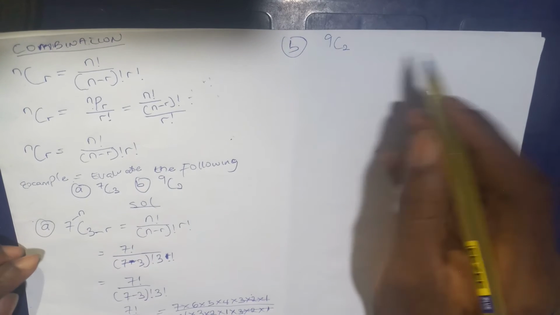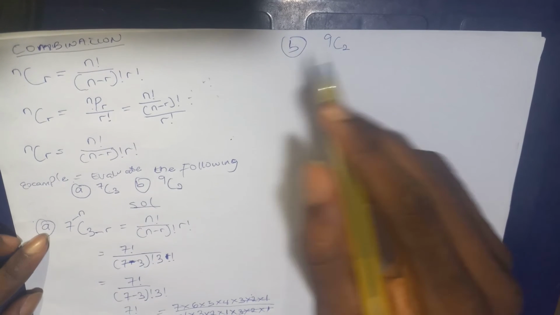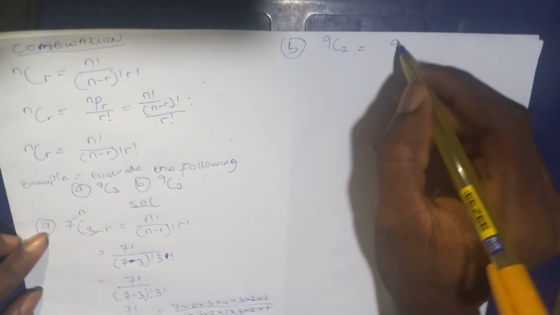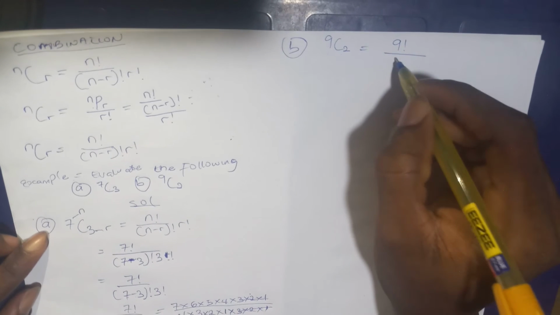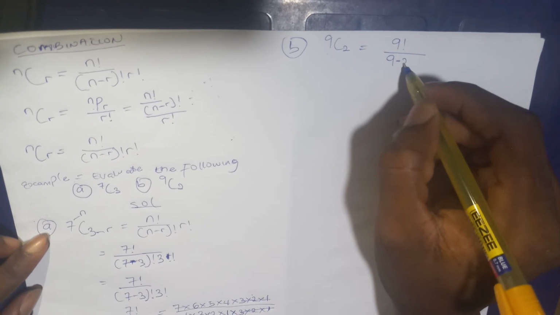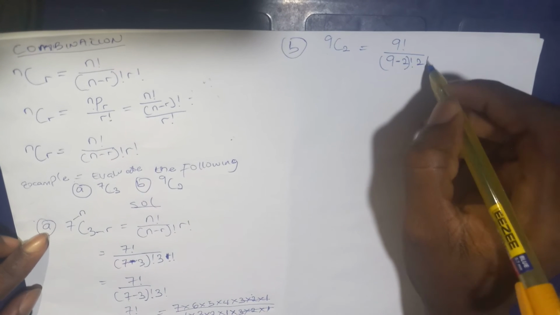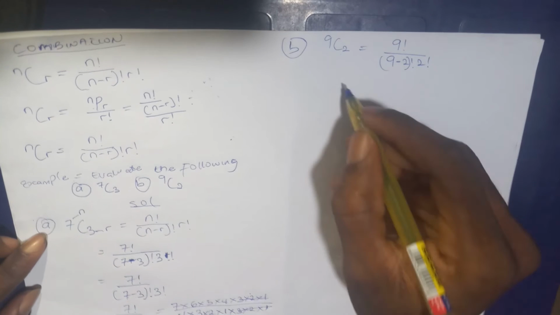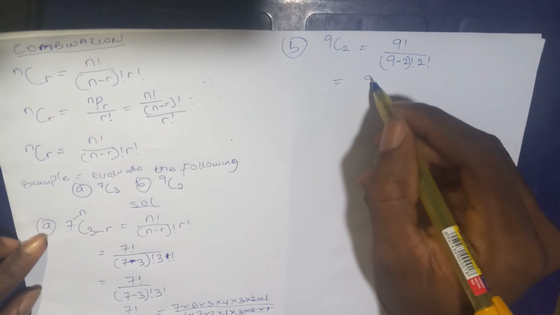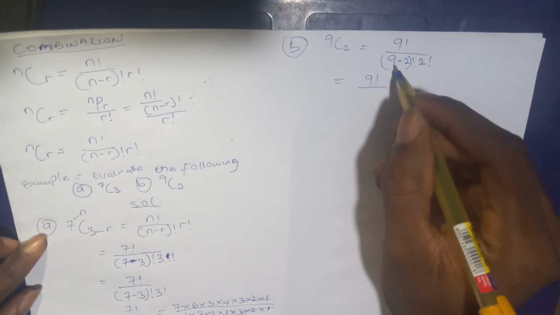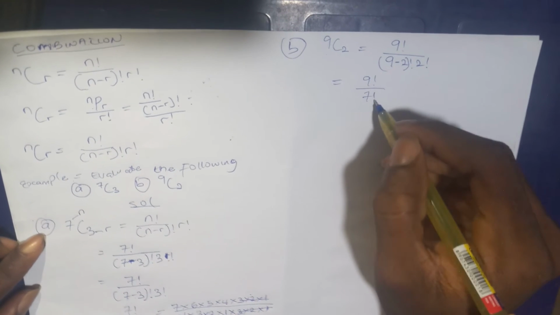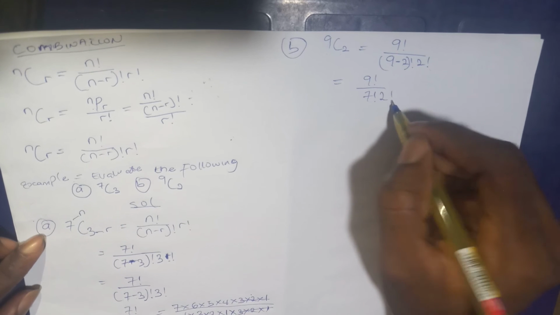Now for the B, 9 combination 2, that will be 9 factorial divided by open bracket 9 minus 2 close bracket factorial, then 2 factorial. Then expanding this, 9 factorial divided by 9 minus 2, which is 7 factorial, 2 factorial.